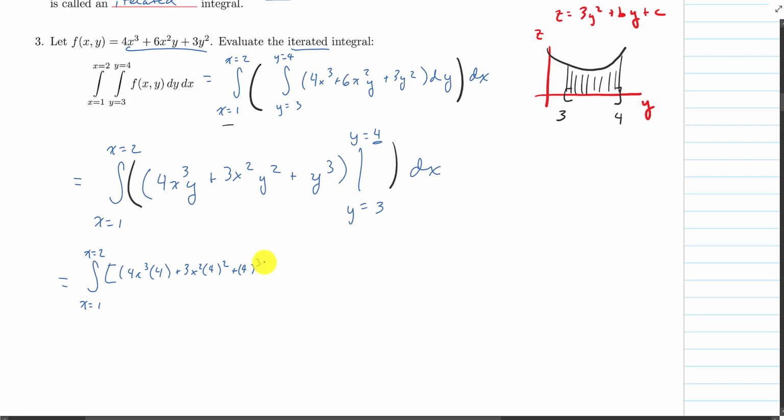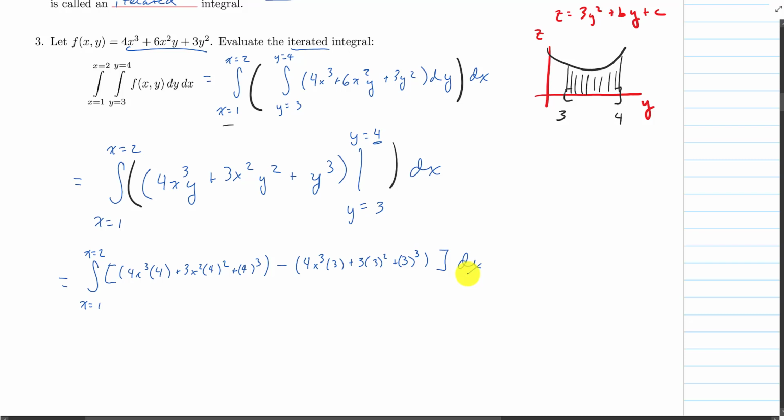Close that parentheses. Minus, and then I'm going to plug the lower limit 3 into each one of these y expressions. So we've got 4x cubed times 3 plus 3 times 3 squared plus 3 cubed. And this is still being integrated with respect to x.